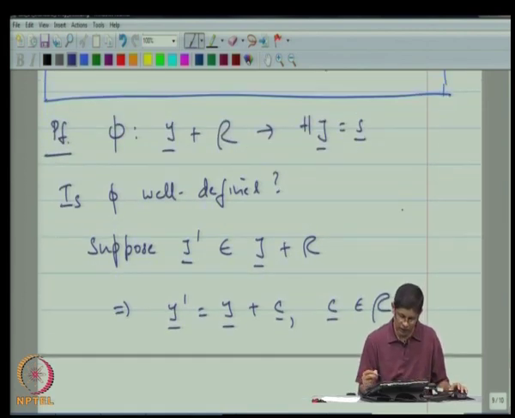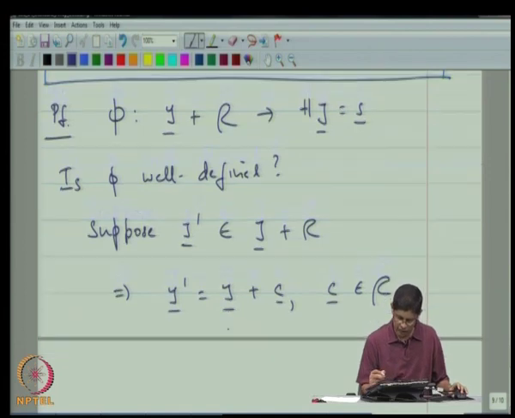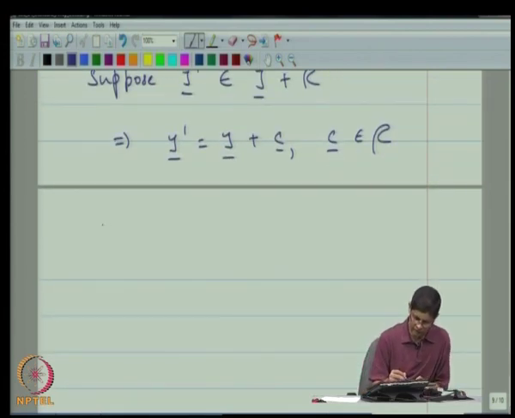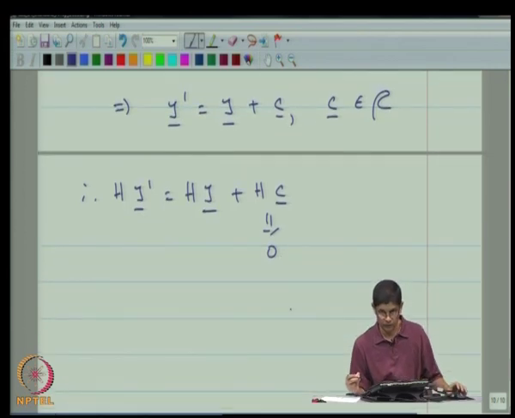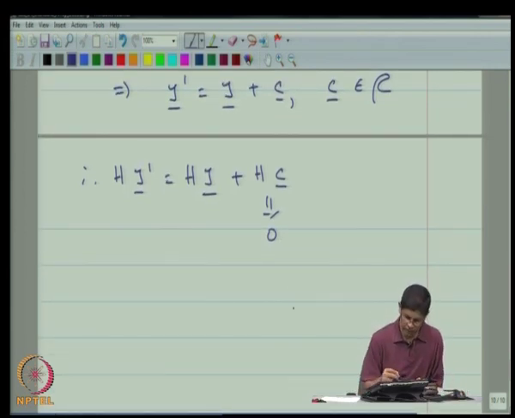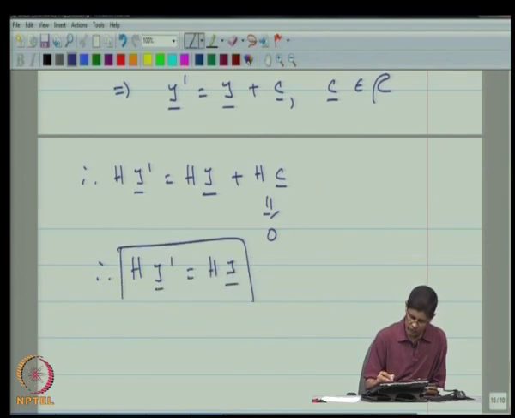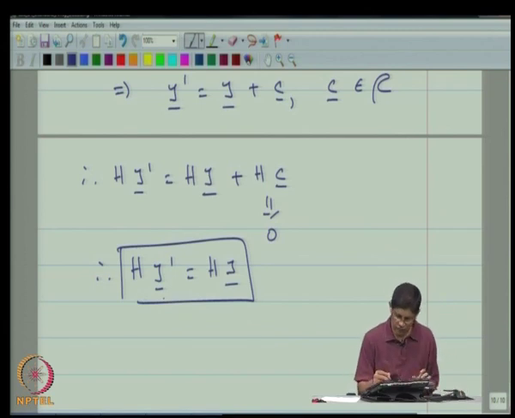And now we want to make sure that H times y or H times y prime does not make any difference, it is the same thing. Therefore, H times y prime is H times y plus H times c, but H times c is 0 for every code word. So, therefore, the same. And this is what we wanted to show. Therefore, it is well defined.